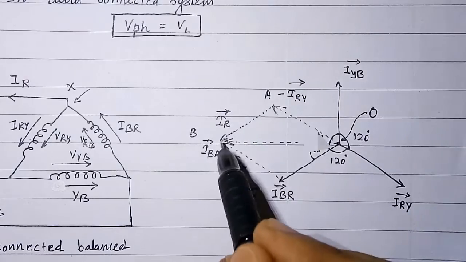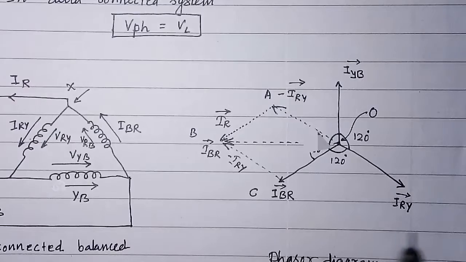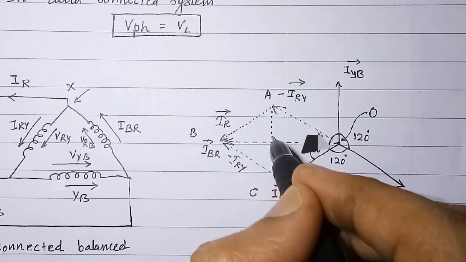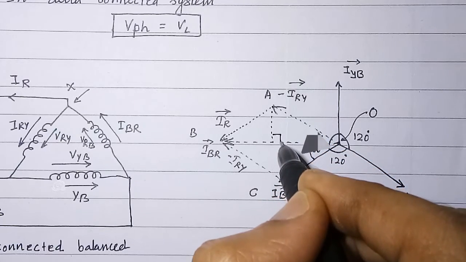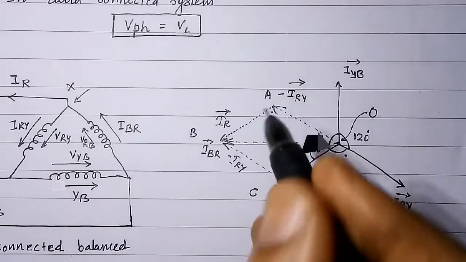Since OA is equal to AB, triangle OAB will become isosceles triangle. And we know that in an isosceles triangle, altitude bisects the base.